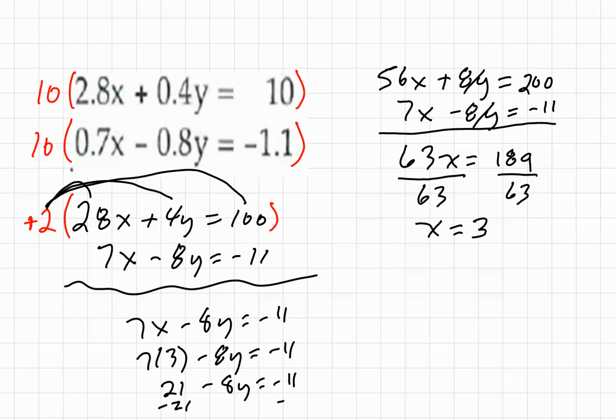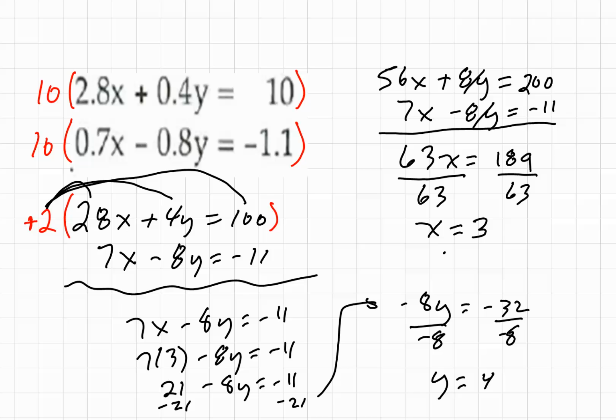Subtract 21. Minus 8y equals -32. Divide by -8. So y equals 4. So the proper answer, again, since it's a point, will be (3, 4).